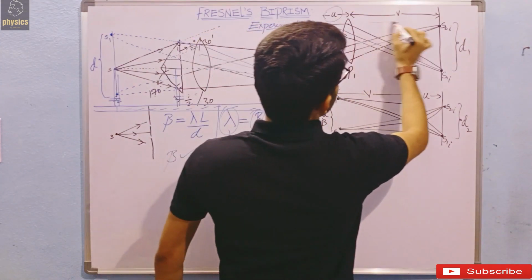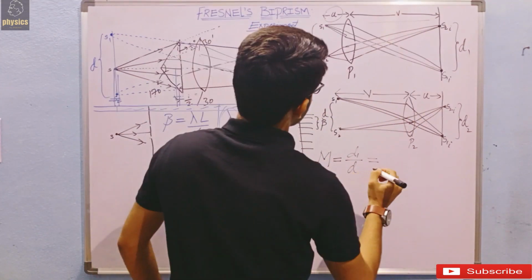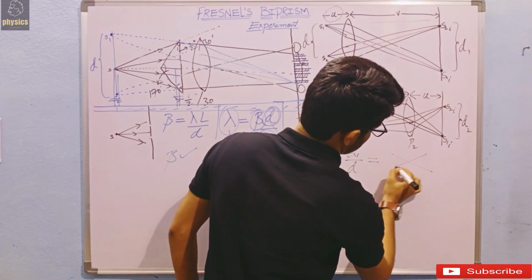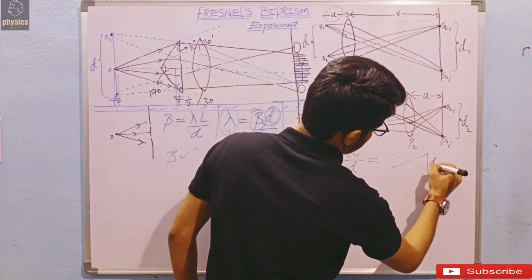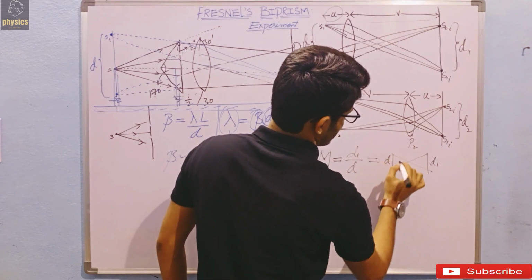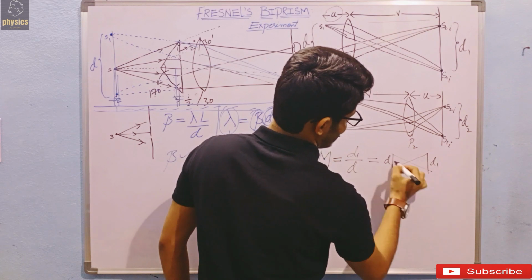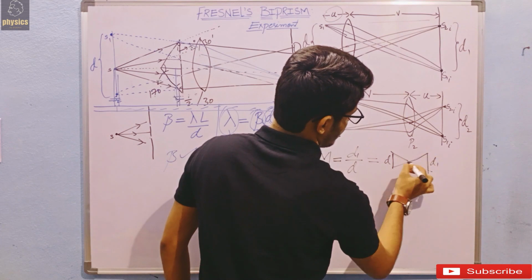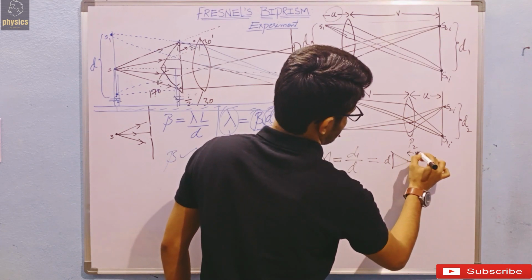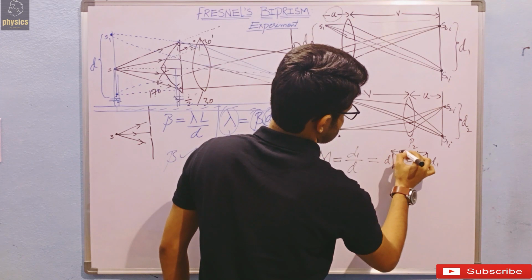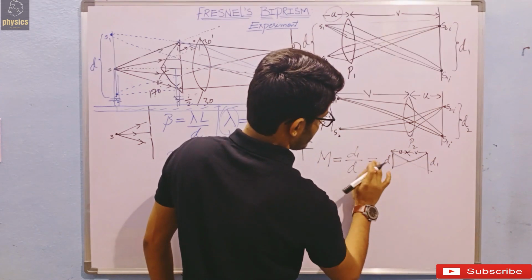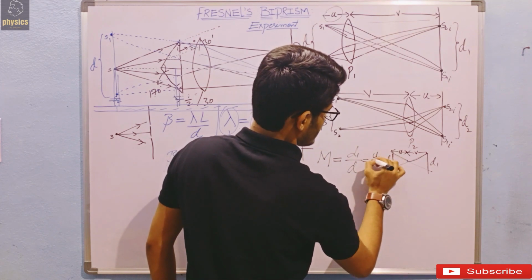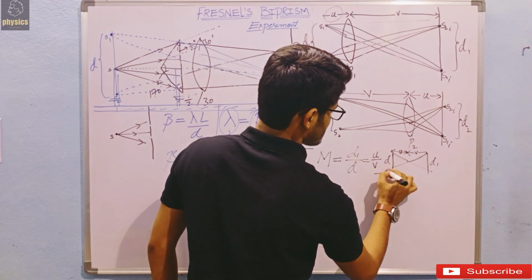V divided by U. You see from the geometry, here is D1 and this is D. So D1 divided by D will be equal to V divided by U. Let this be equation 1.